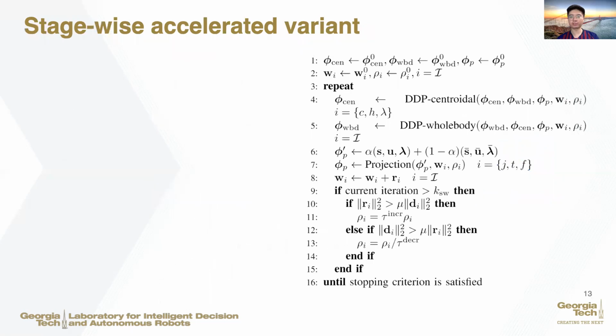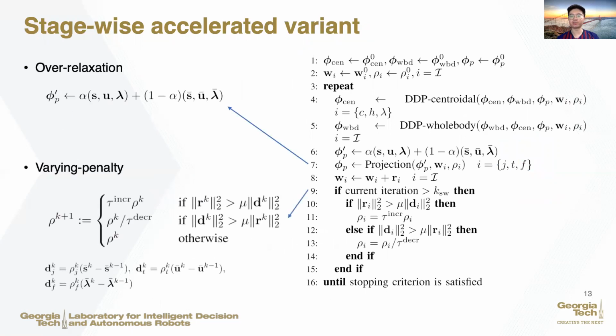We also proposed a stage-wise accelerated ADMM by applying over-relaxation and varying penalty for our multi-block ADMM framework, based on practical performance. Instead of applying the over-relaxation and varying penalty at the same time, we only apply over-relaxation at the first few iterations. After certain iterations, we apply both simultaneously.